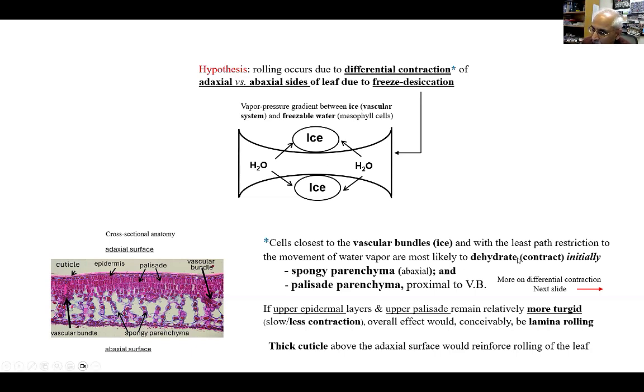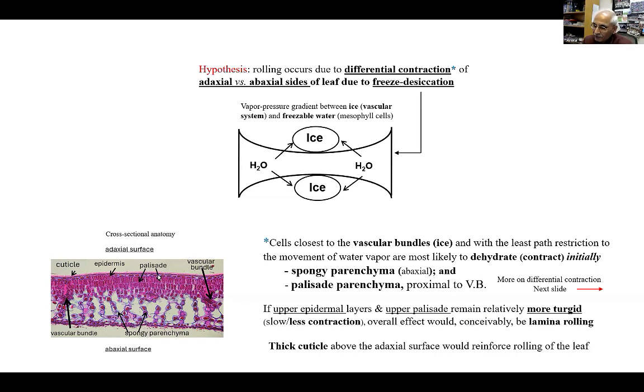The idea is basically what we are suggesting is that those cells like spongy parenchyma, which are on this abaxial side, which are very, very close to the vascular bundles, and those palisade cells that are also proximal to the vascular bundles, they will dehydrate first, and the upper epidermis and the palisade that are further away from the vascular bundles will dehydrate and contract later and less.